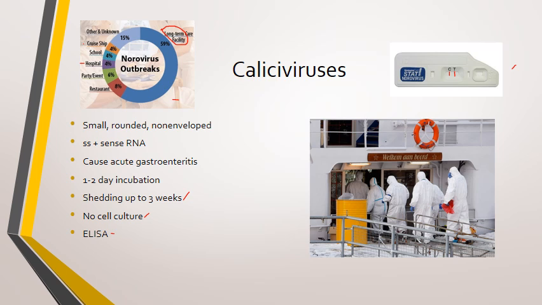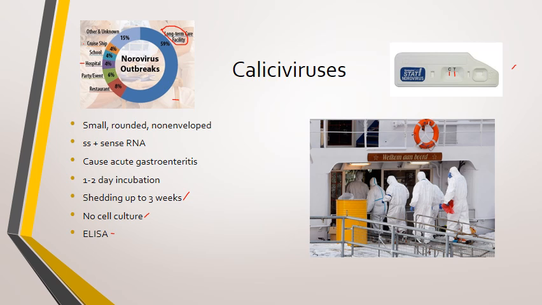But on cruise ships, my goodness, you hear about the devastation that this can cause on cruise ships. The other one that's also on there, doesn't really make the news as much, is the sapovirus. Between these two together, the norovirus and the sapovirus, these include the primary causes of viral gastroenteritis in the entire human population.